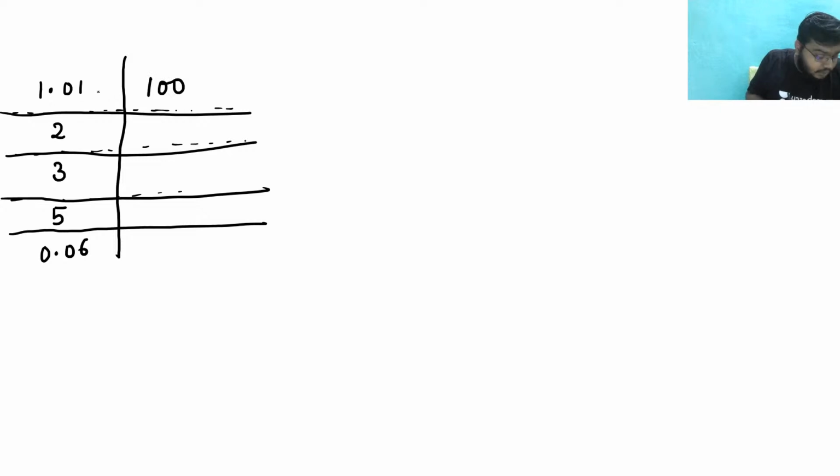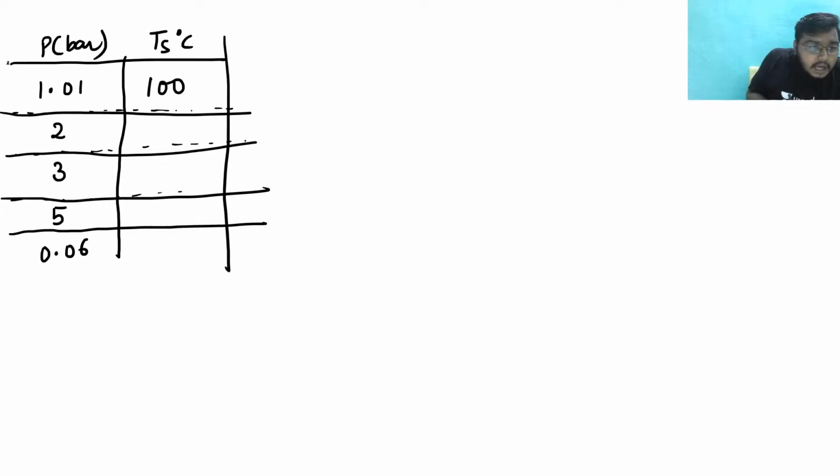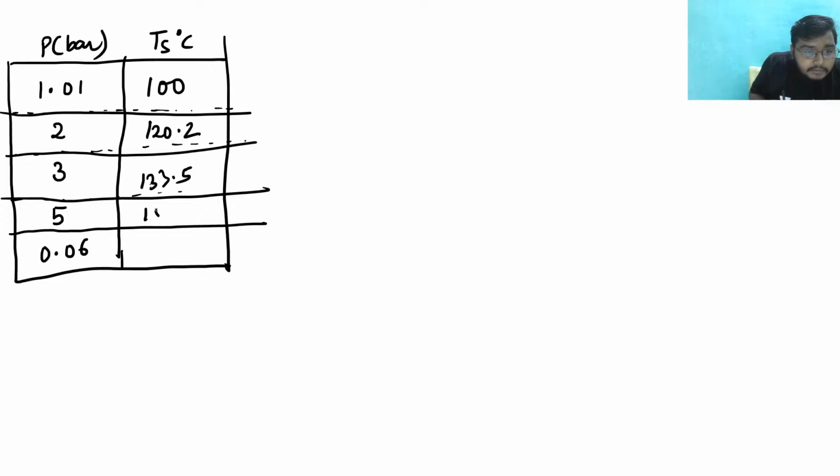See, 100 degrees Celsius is for a pressure of 1.01. I'm just drawing. Let me draw it and then I will tell you. See, this is a chart. Suppose this is 100, 120.2, 133.5, 151, 36.1.